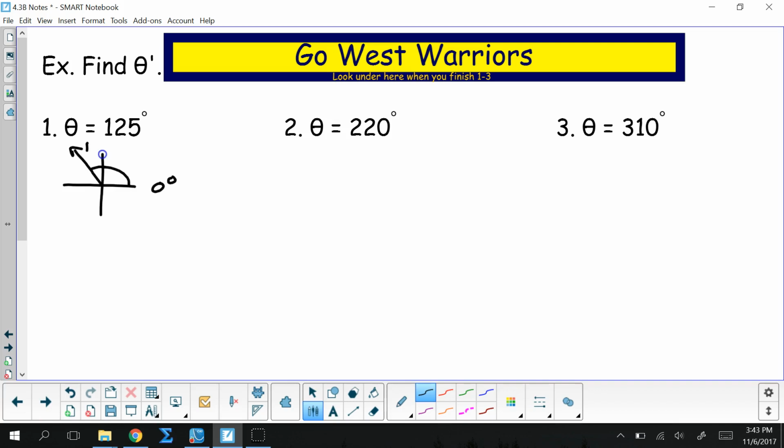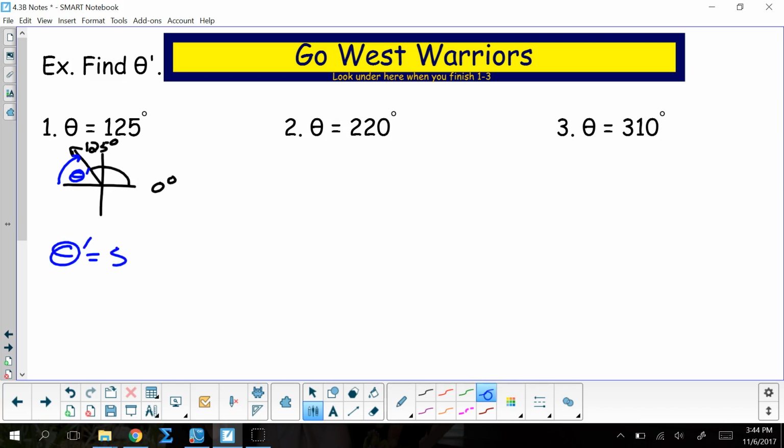So this is 125 degrees. More than 90, less than 180, puts me in quadrant 2. So I need to find theta prime, which is that angle right here coming off of the horizontal. So 5 more gets me to 130, 50 more gets me to 180, so my reference angle here would be 55 degrees.